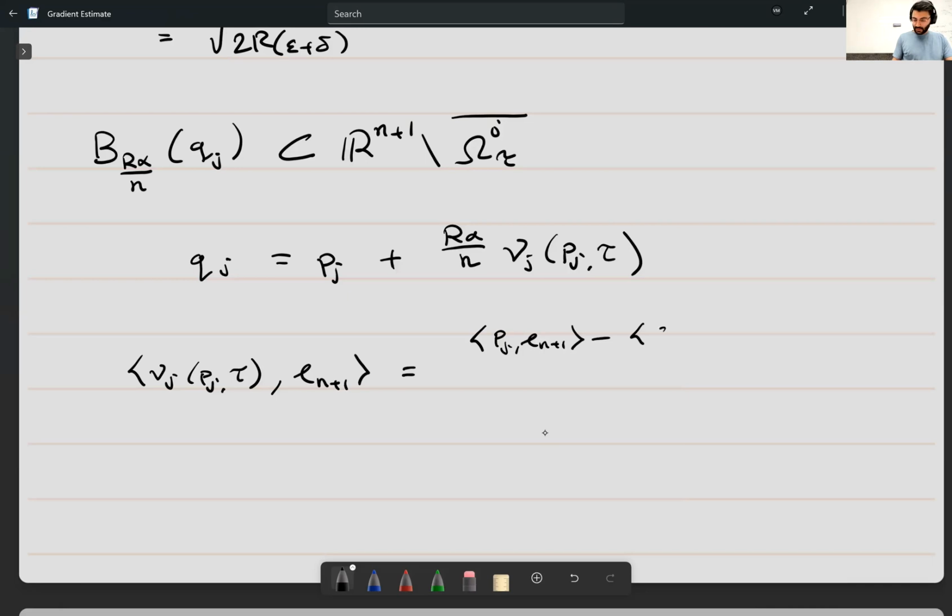Let's do one more step. So nu_j(p_j, tau) equals q, which is equal to p_j minus epsilon_j minus r.